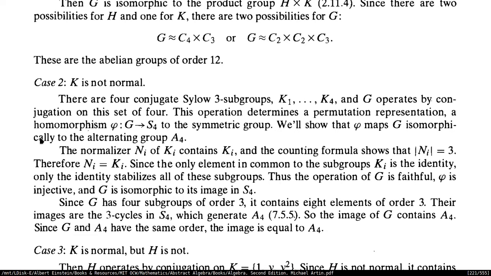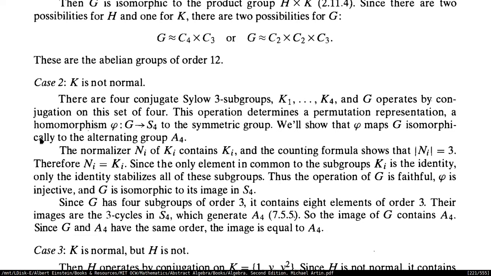So there are going to be 4 conjugate Sylow 3 subgroups, K1, K2, and so on. That's kind of the picture on the previous page.